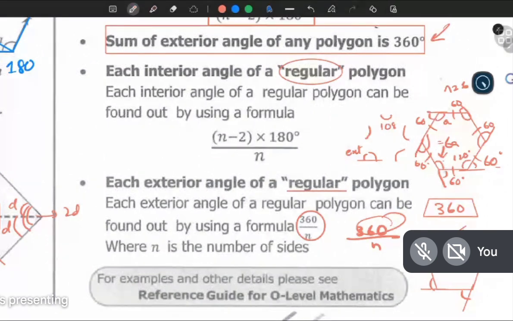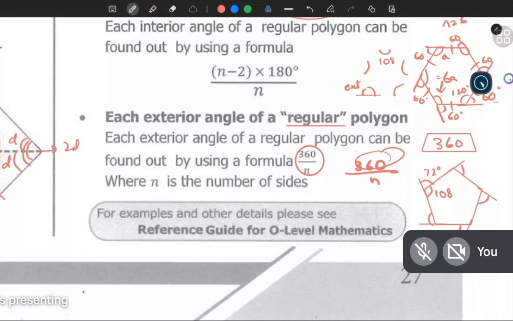So one of these angles has to be 540 divided by 5 because it's a regular polygon. What's 540 divided by 5? It's 108, right? Now this is a straight line, so the exterior angle must be 72 degrees.